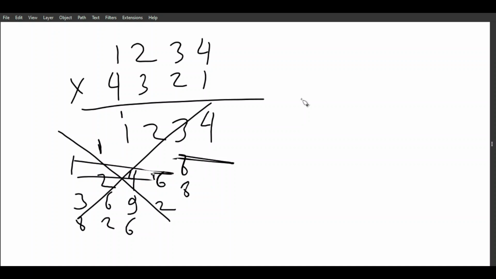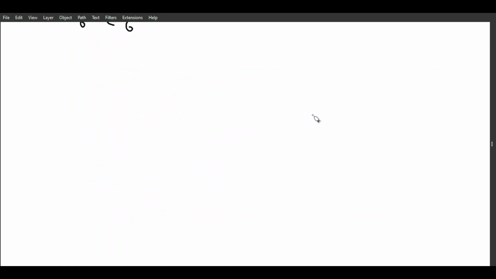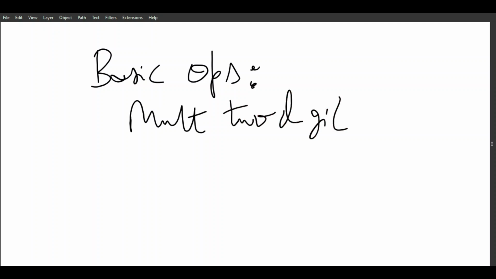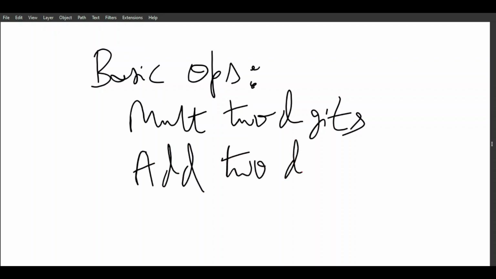Now the basic idea is we have to count the number of basic operations. So here we define basic operations. Basic operations are multiplying two digits and adding two digits.